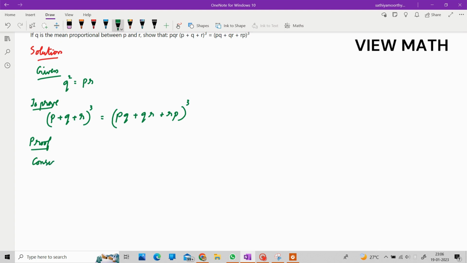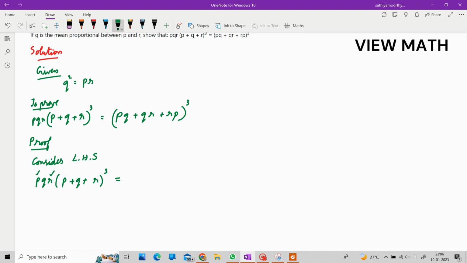Consider the left hand side. Here PQR into (P plus Q plus R) the whole cube. So this is equal to, we know that PR is equal to Q square. Now here we have PR, so instead of PR, I can write it as Q square.